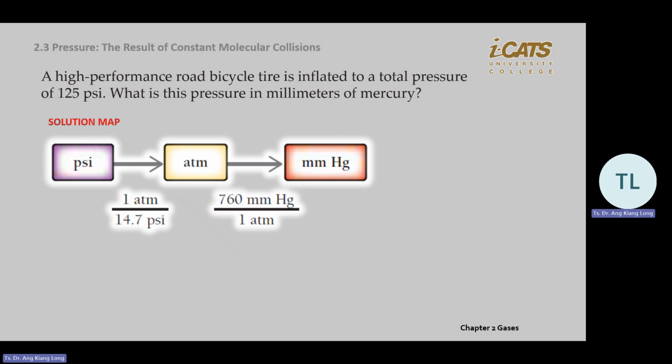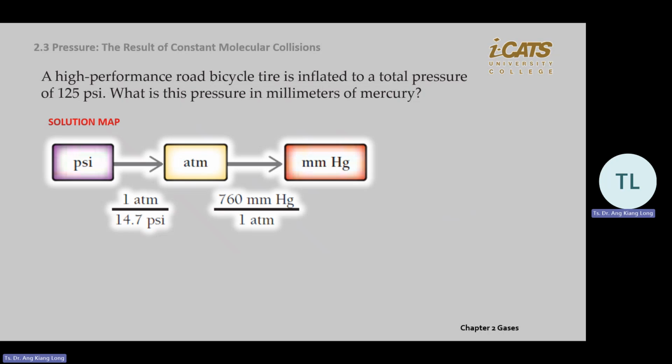Then you write the working: 125 psi equal to working, and then your answer in mmHg.